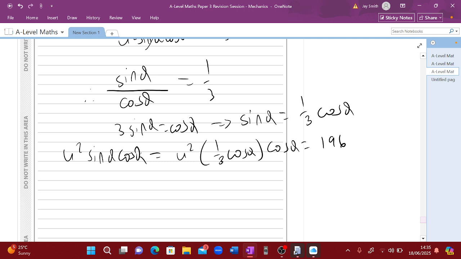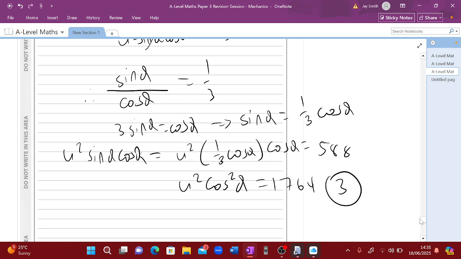There we go. I was sure that would have worked. But yeah, that's 588. Cool. Then u squared, and cos alpha times cos alpha is cos squared alpha, and then I'm going to divide by 3 to get rid of the fraction. So 588 times 3 will get me 1764, and I'm going to call this equation 3.